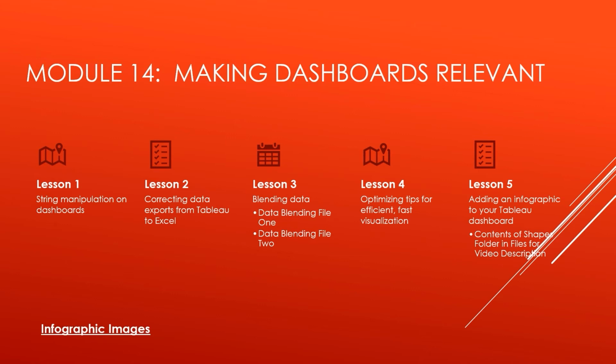We talked about potentially having to correct data exports from Tableau to Excel. You learned that Tableau arranges by dimensions, then measures, and each is arranged alphabetically. And really, you're more likely to have to correct data exports when you're using a larger amount of data than we're able to with this file.